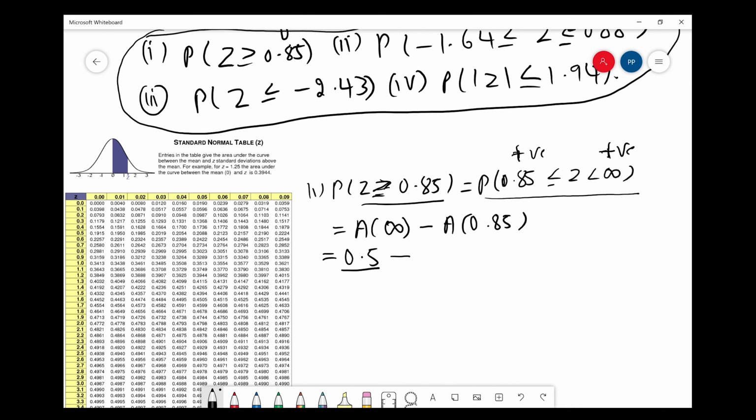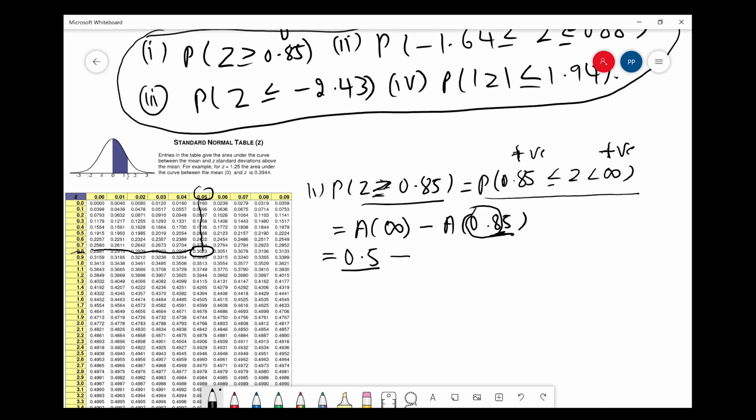A of 0.85. Look for 0.8 here, in the first column. Next, consider 0.05, the second decimal place, here. Now come down and point the direction.